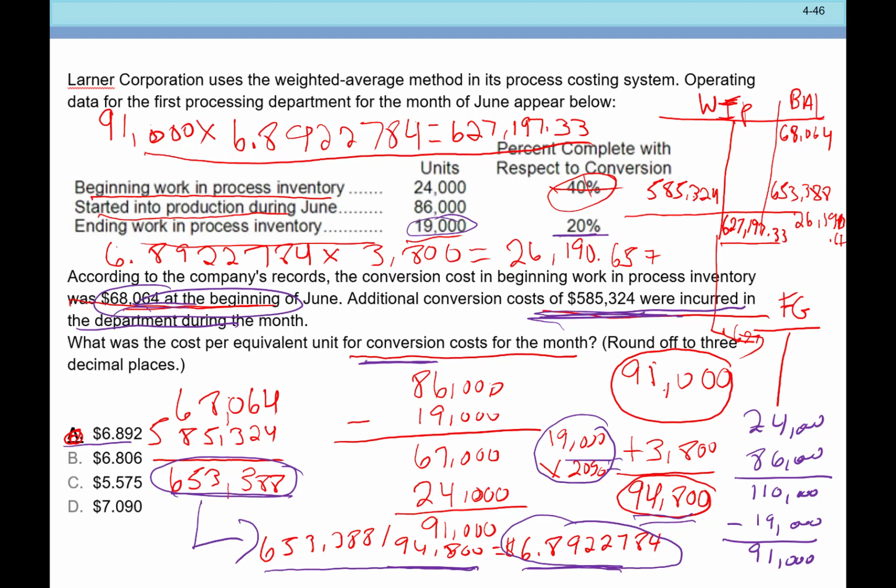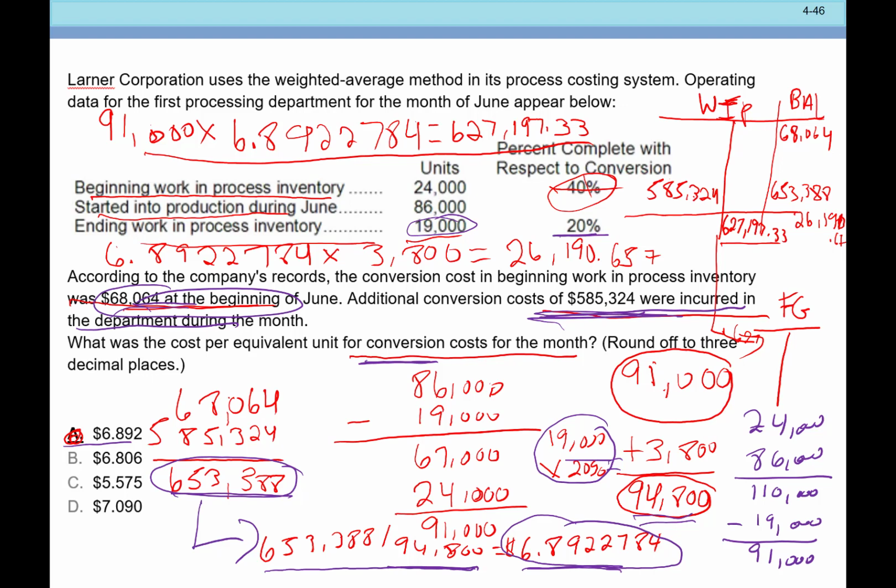We should have had beginning inventory, work in progress, beginning of 68,064. I then should have added costs for the period, which the problem told me was 585,324.